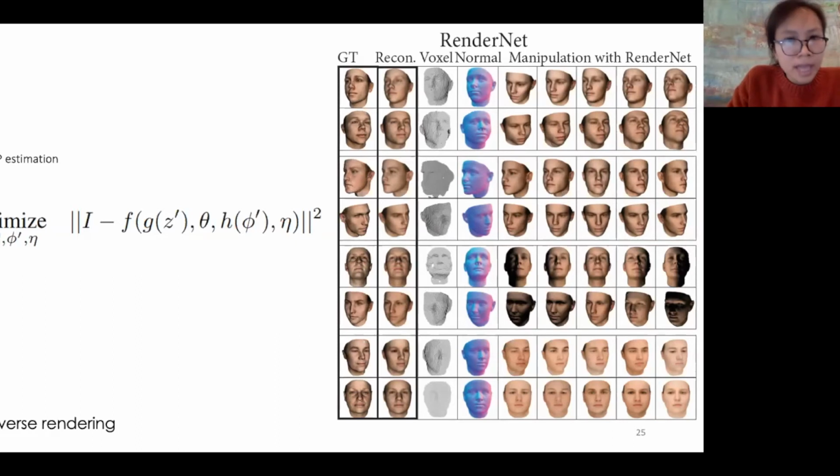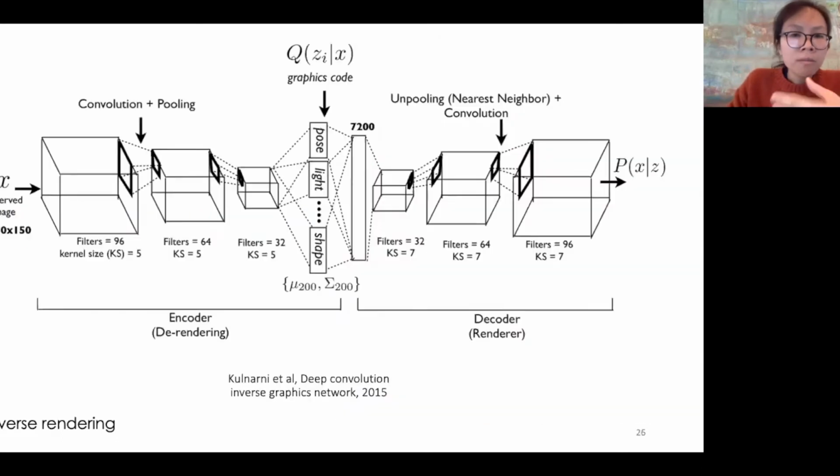And again, one thing that I want to highlight here is that RenderNet deals with 3D explicitly. It deals with rotation explicitly and 3D geometry. Compare that with another paper where they do the same task, but instead of recovering explicit geometry, they learn a disentangled latent Z, where the first 10 dimensions represent pose and the next 10 dimensions represent light.